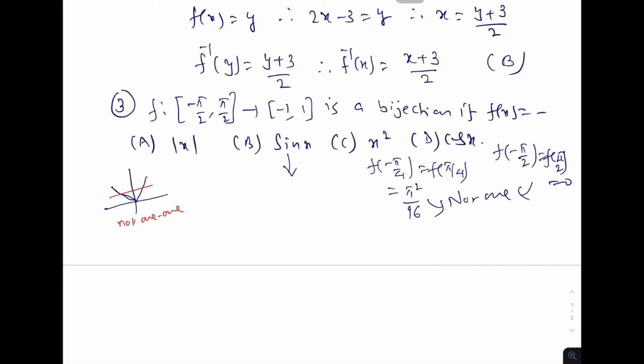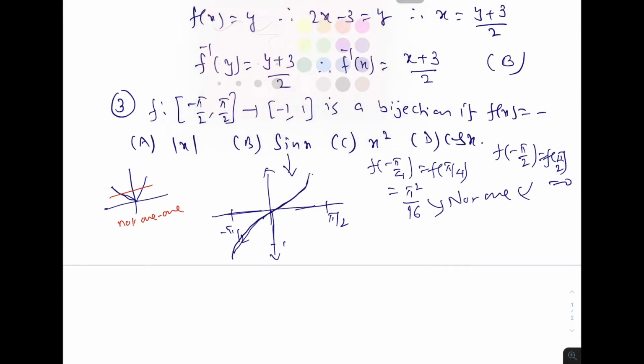We know this when we define the sine inverse function. So the sine function in minus pi by 2 to pi by 2 is one-one and onto. Its graph is also easy to draw. Sine of minus pi by 2 is minus 1, then sine 0 is 0, and like this. So the graph of the sine function in minus pi by 2 to pi by 2 is like this.